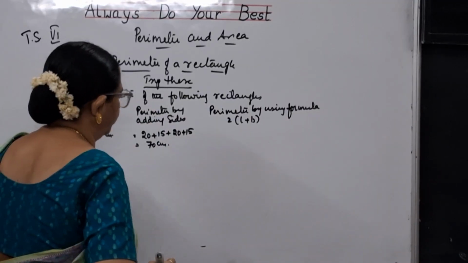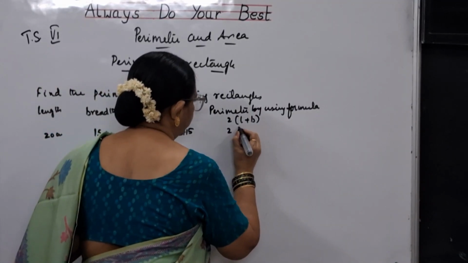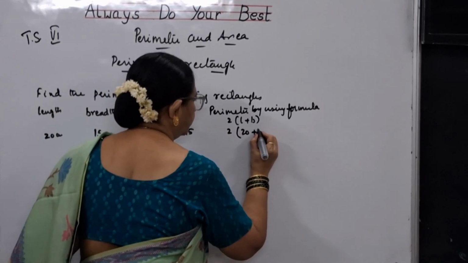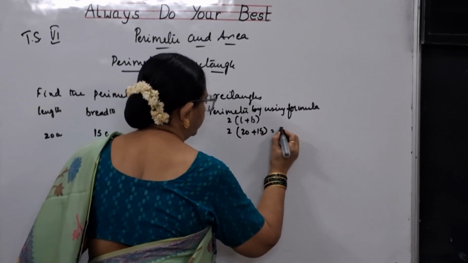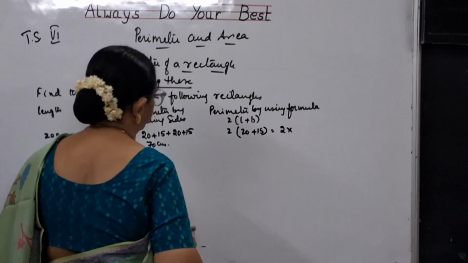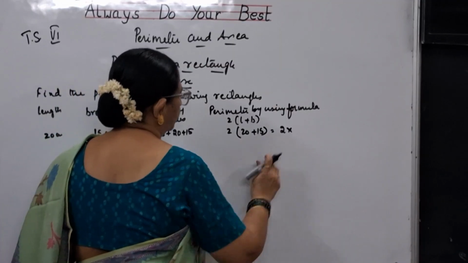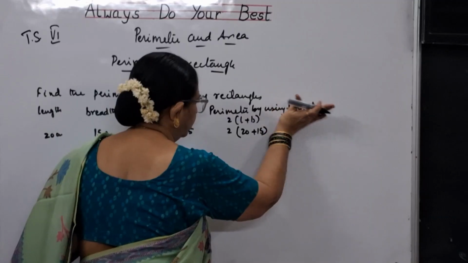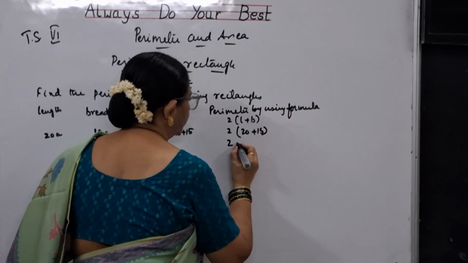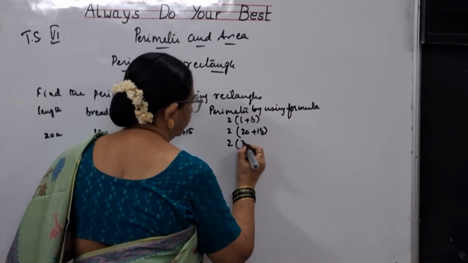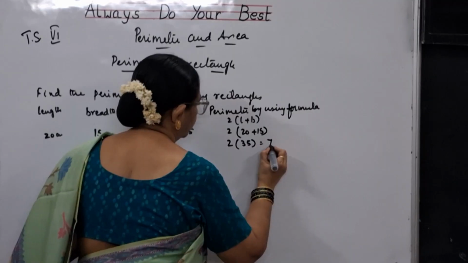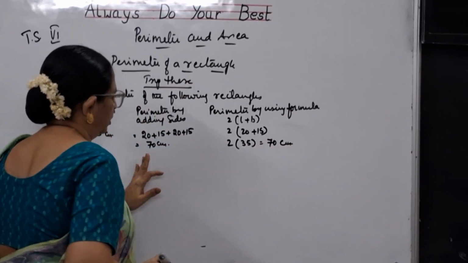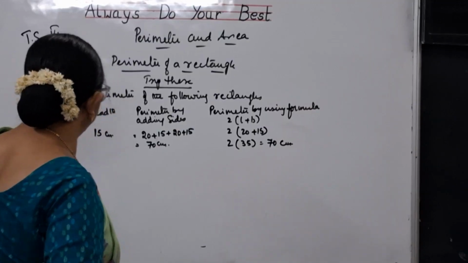The same thing, if you use the formula: 2 into (L plus B), L is 20 plus breadth is 15. That is 2 into 35, that is 70 centimeters.